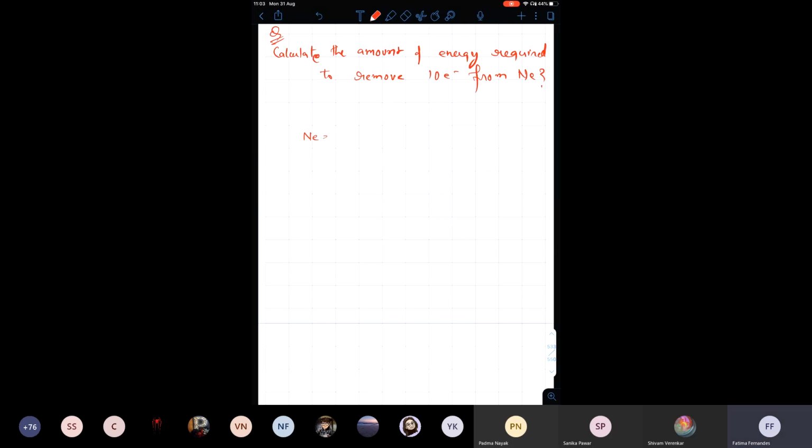So Ne has overall 10 electrons. We can apply theory only on this.